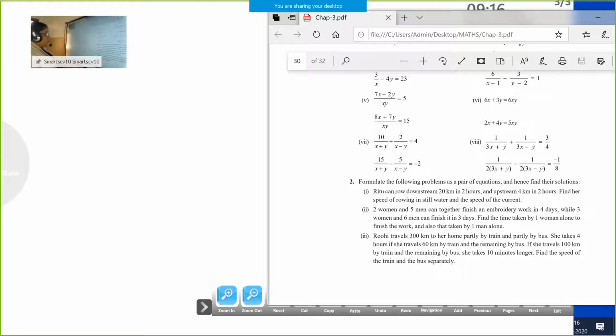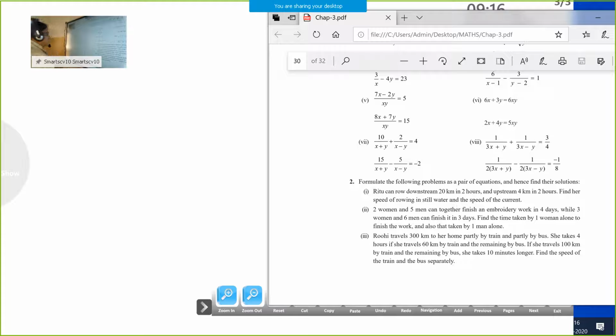She rows downstream 20 km in 2 hours and upstream 4 km in 2 hours. Upstream means there is an opposite force, so the speed of the current is in the opposite way. In downstream, the speed of the flow is on the way.